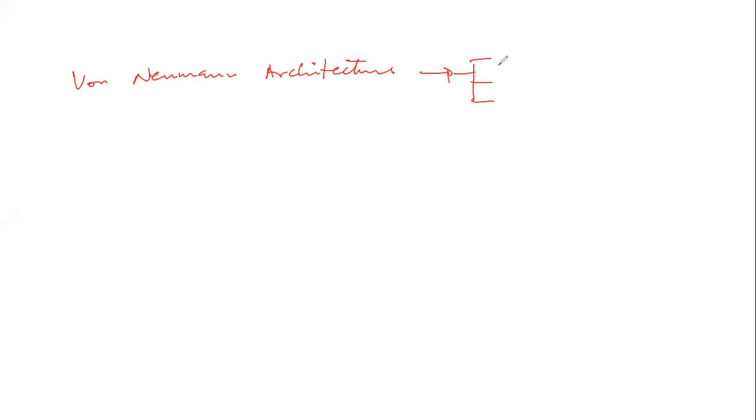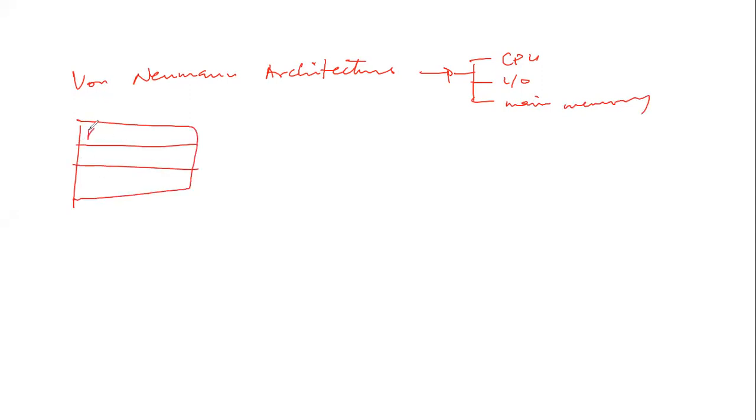The CPU, the input-output peripheral, and the main memory. So we can have something like this, where we have the register here, the arithmetic logic unit here, the timing and control unit here.